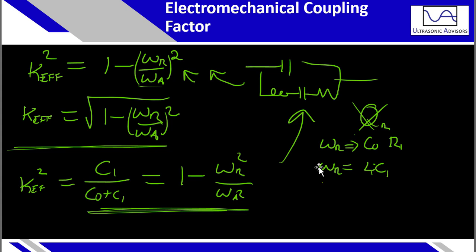So from your coupling factor, which comes from your anti-resonant frequency, you can determine C1. And from these two, because of this equation, you already have C0, therefore you can calculate C1. And from this, you can calculate L1. So there's another way, without measuring the quality factor, that you can get to the results.